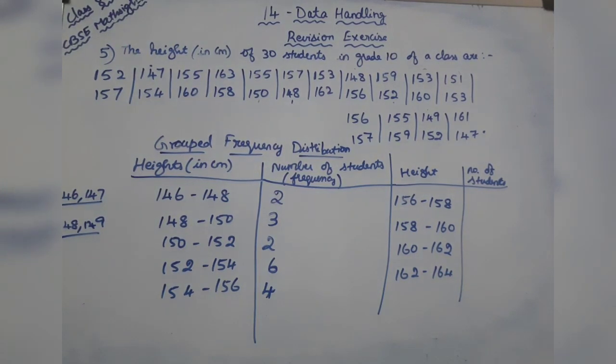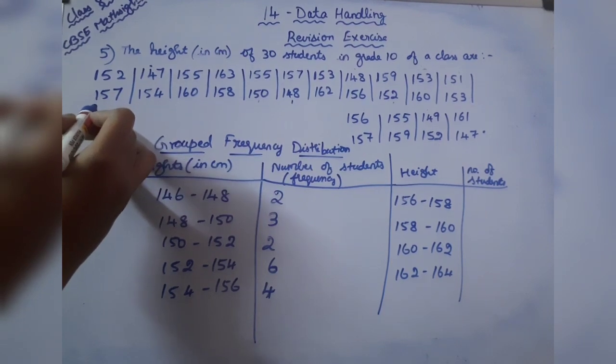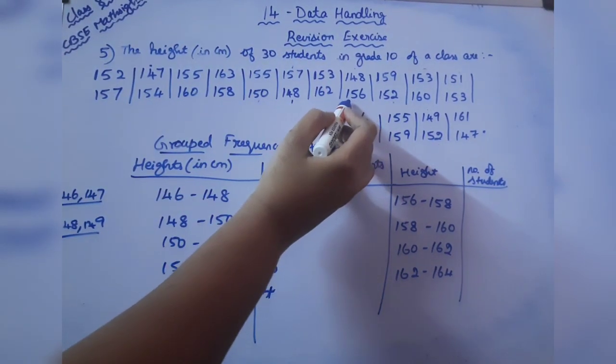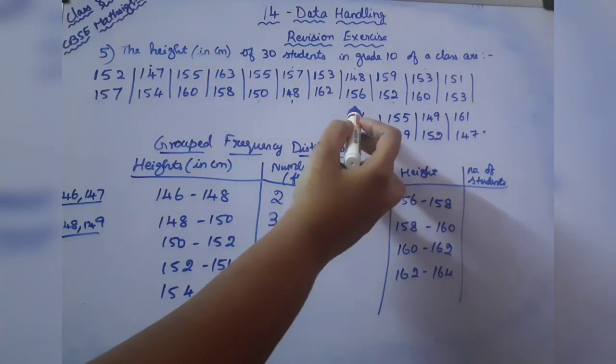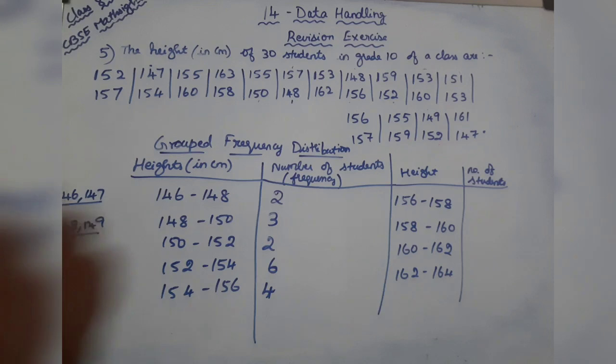The next one will be 156 to 158, which is 156 and 157. So I have 1, 2, 3, 4, 5. So totally I have 5 values.